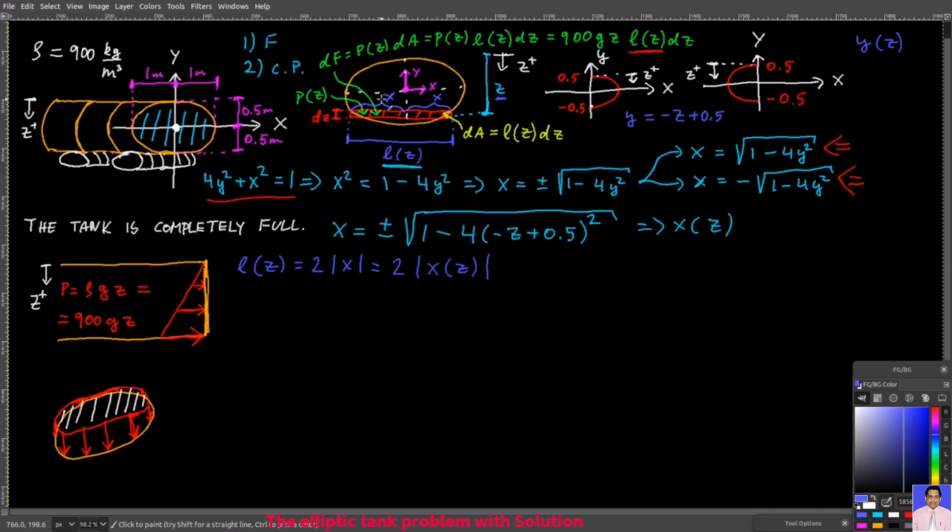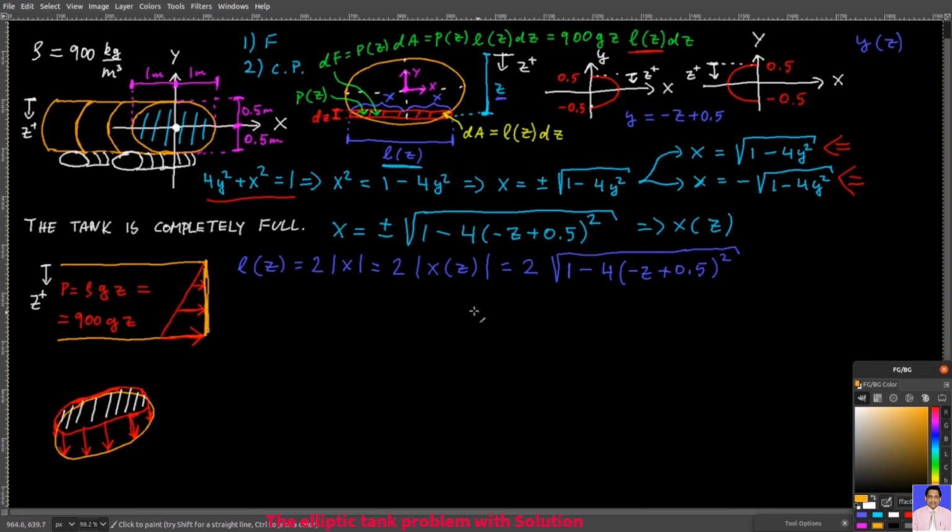So even though here on the left side you would have minus x, to get the total length of L, this minus sign is unimportant here. And so I can say that my L as a function of z equals 2 times square root of 1 minus 4 times minus z plus 0.5, squared.